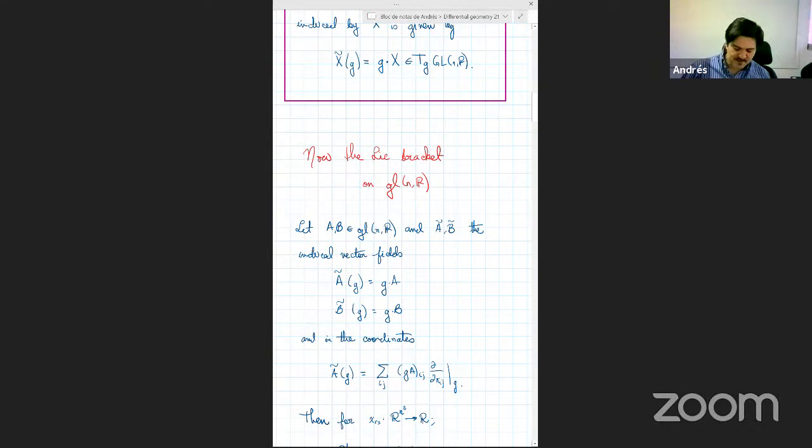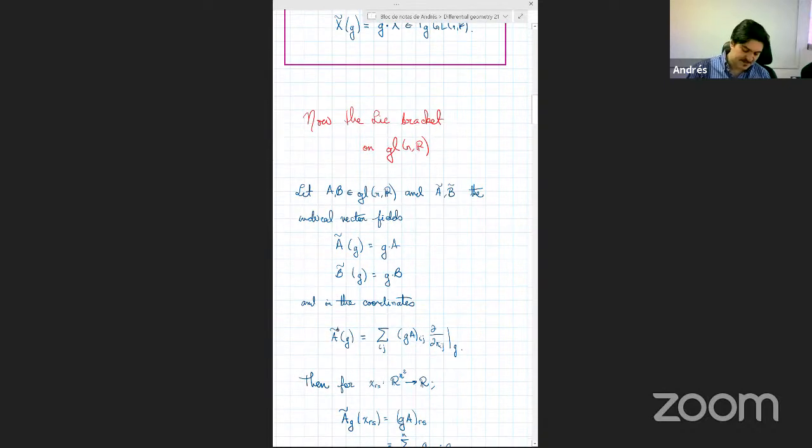Now, remember that the global coordinates are smooth functions. This is a vector field on the group. If I have a smooth function on the group, I can use the vector field and the function to obtain a new function, and that's what we're going to do now. To this vector field, I plug in this function. What do I get?